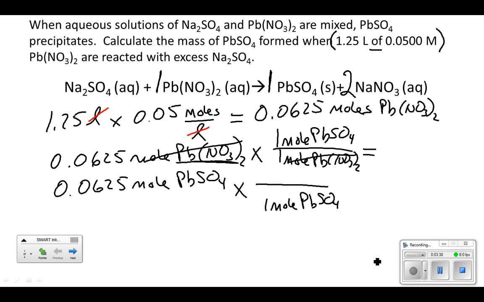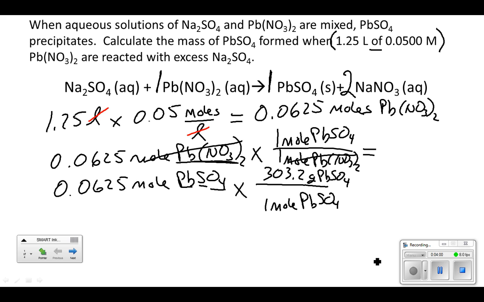Now I took the time to add that up ahead of time, so if you want to pause now and go and add up 1 lead, 1 sulfur, and 4 oxygens, you can certainly do that. So I'll pause for a second if you want to do that. But when you add that up, you're going to find it's 303.3 grams of lead-2 sulfate.